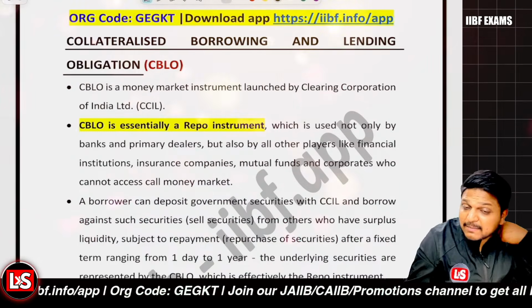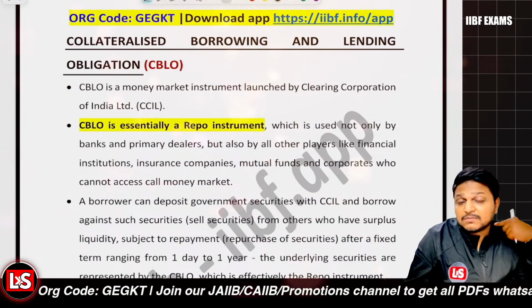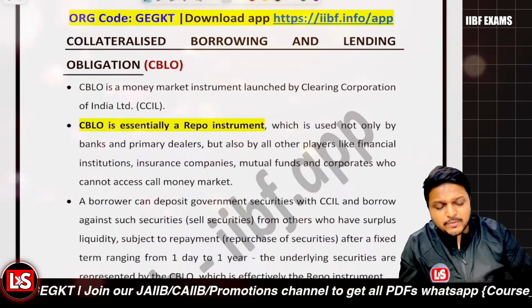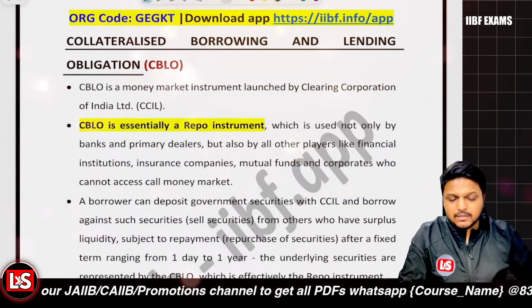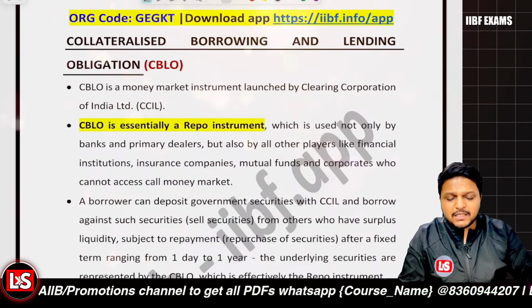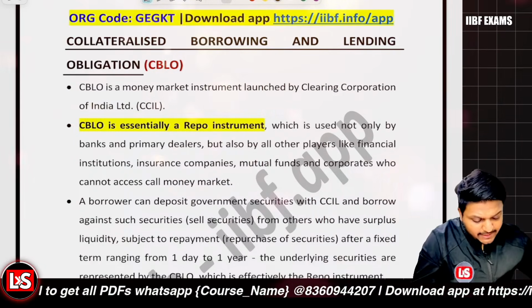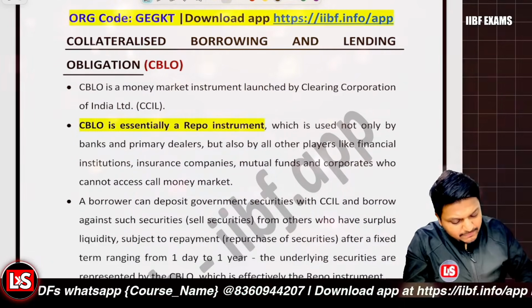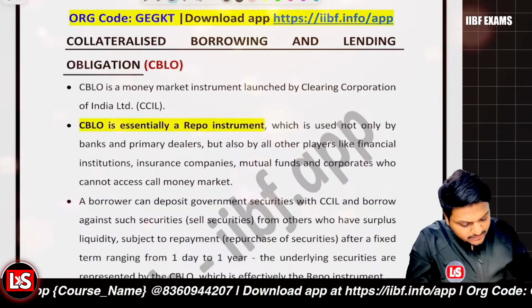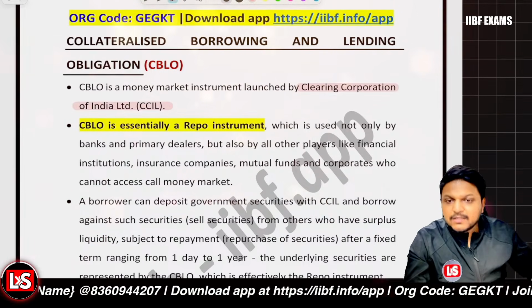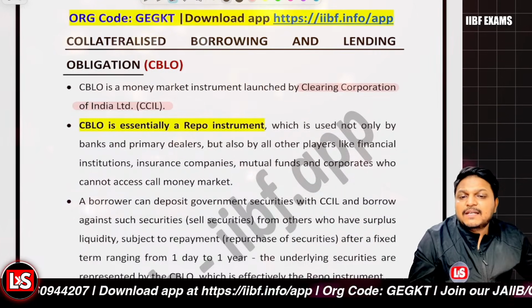So what's the main concept related to it? These are money market instruments which were introduced by whom? They were introduced by the CCIL itself. The Clearing Corporation of India Limited has introduced it. Right? These were launched by the CCIL itself.